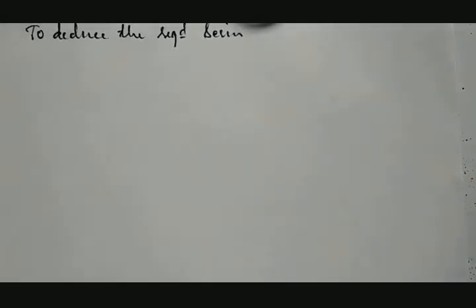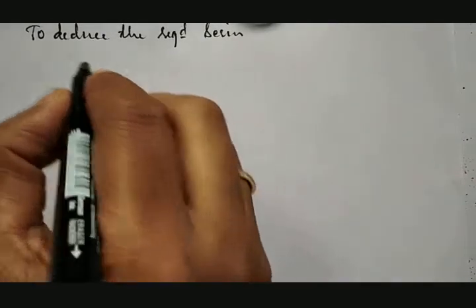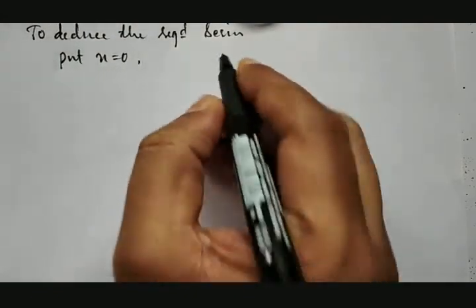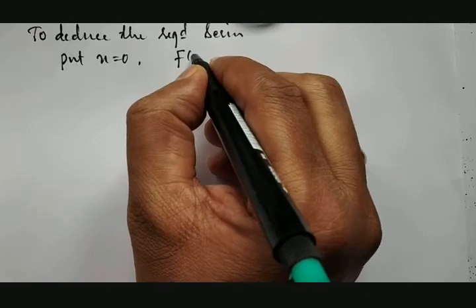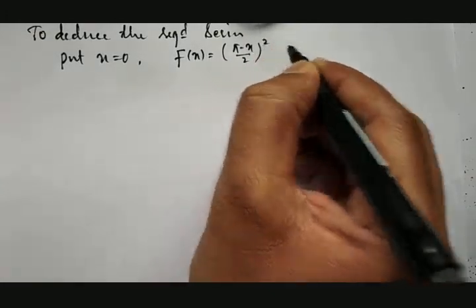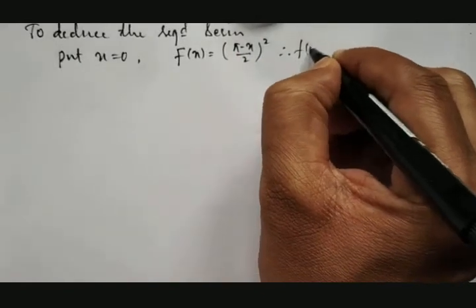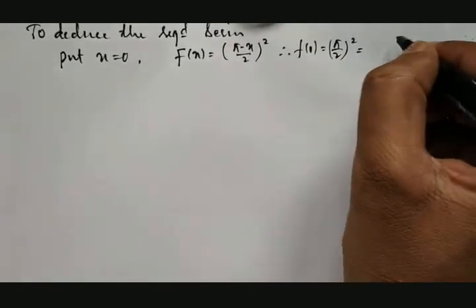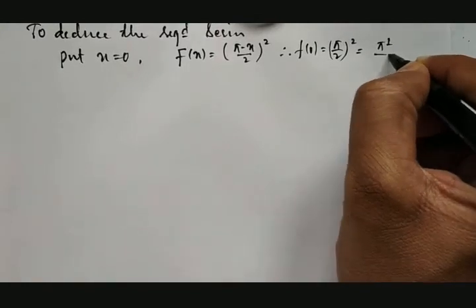Therefore, to protect a cosine, we need to substitute the value of x which is favorable to cos. So let us put x is equal to 0. Then here f of x is equal to (pi minus x divided by 2) the whole square. Therefore, f of 0 will be equal to (pi by 2) the whole square, which is nothing but pi square by 4.